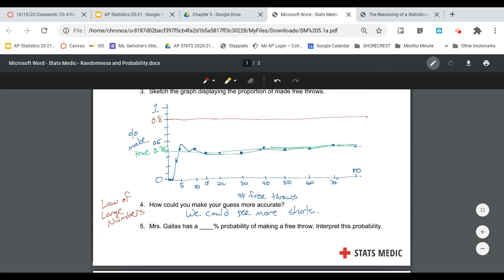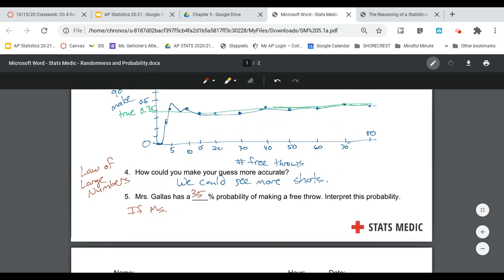Okay. And so let's practice doing some interpretation. We have another interpretation sentence stem to put in here. So let's use her actual probability, 35% probability of making a free throw. To interpret that, we could say, if Mrs. Gallus takes many free throws, so in the long run, about 35% of the time she'll make it in.